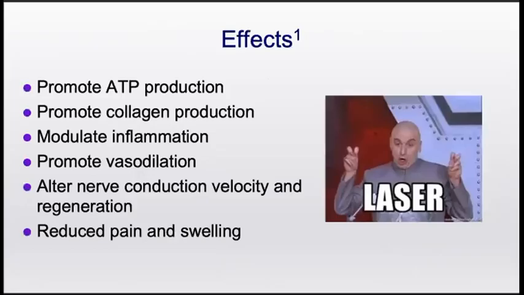So one of the biggest, most fundamental effects of laser is that promotion of ATP production. It also promotes collagen production. It modulates and regulates inflammatory processes within the cell. It can promote vasodilation. It can reduce pain and swelling. It can alter nerve conduction velocity and regeneration.